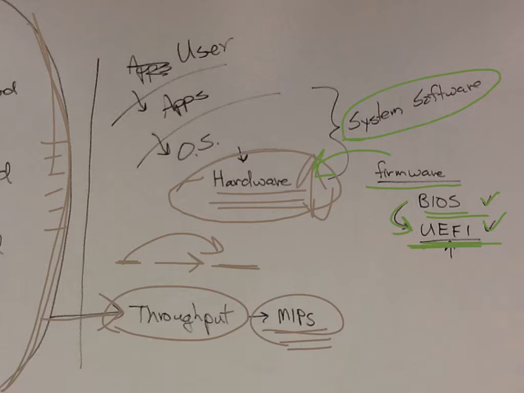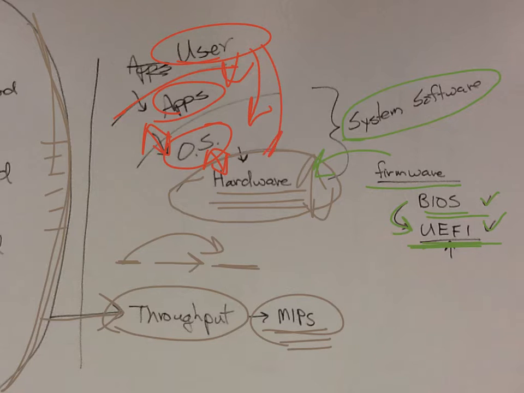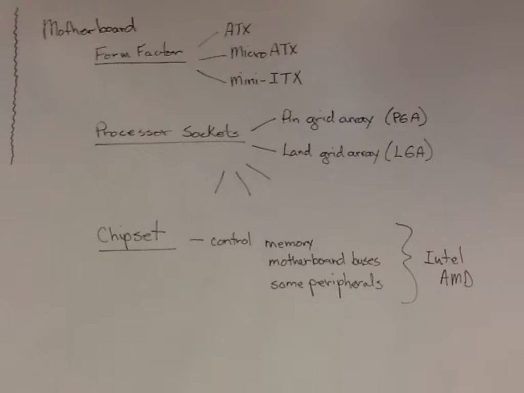I mentioned how the operating system communicates with the hardware, the apps communicate with an operating system, and the user communicates typically with the app, but in some cases the operating system, or maybe even directly the hardware. So we reviewed that idea.